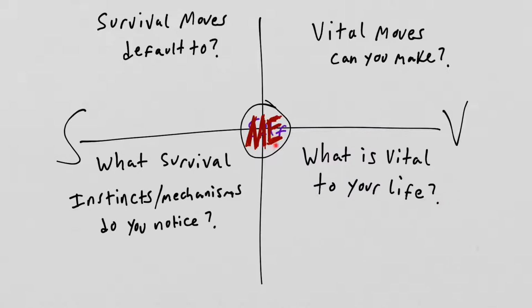So even in the face of some of the stuff that is showing up, the self, the me, can still choose to engage in a vital move, and that same self still has the power to, even in the face of what is important or vital to them in their life, choose to make a survival move, or make a move, either vital or survival, that is not workable for them in that moment, right? So that choice is still theirs.